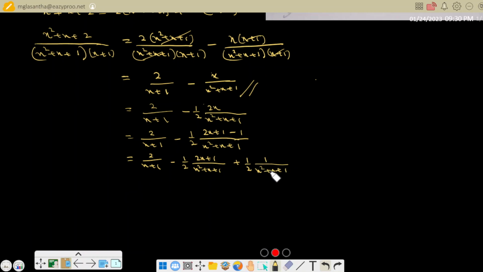So you can complete the perfect square for this. 2 over x plus 1 minus half into (2x plus 1) over (x squared plus x plus 1) plus half times 1 over the perfect square: (x plus half) squared plus 1 minus 1 over 4, that is 3 over 4.